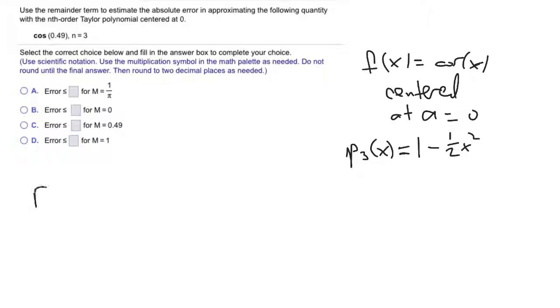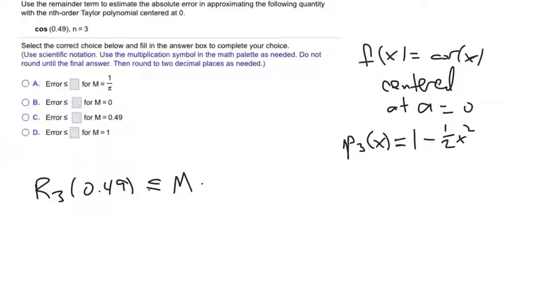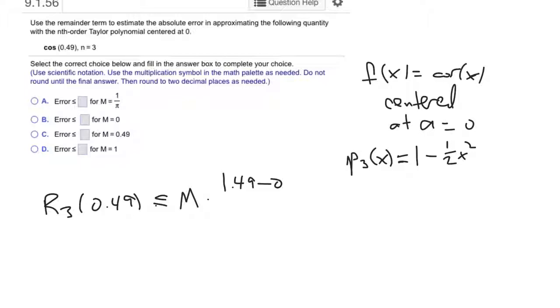So the theory says that the upper bound of the error at 0.49 is no more than M times the distance from the approximation, so 0.49 to 0, to the 4th power divided by 4 factorial. So it's always one more than the degree of the polynomial.